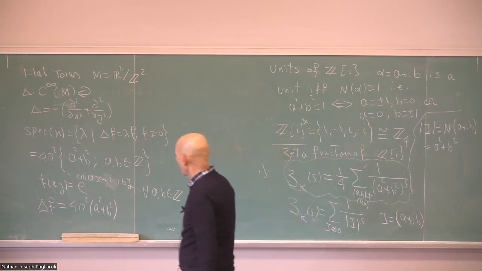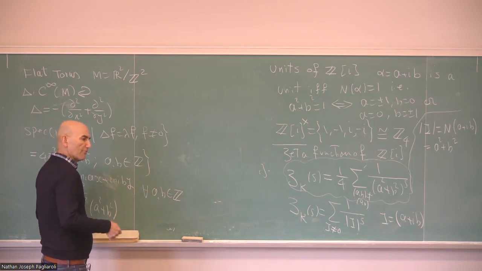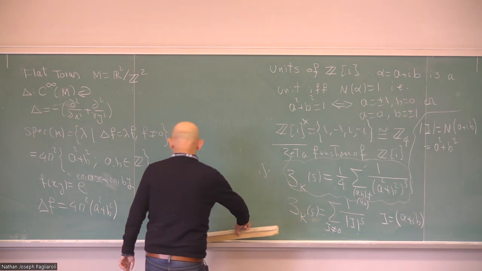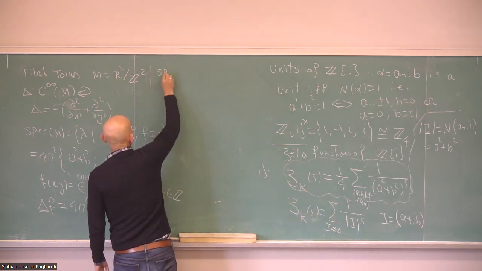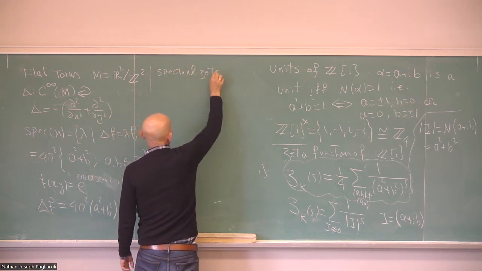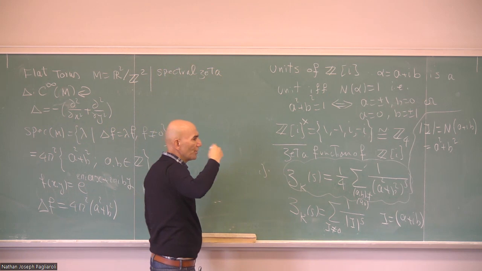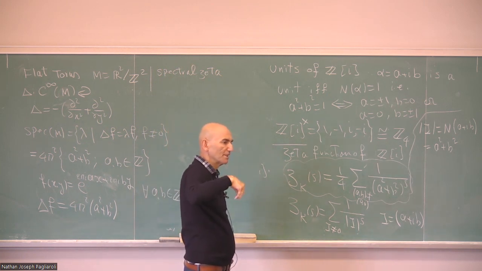All right. Now, in general, for any Riemannian manifold, you have a spectral zeta function. This is yet a third incarnation of zeta functions, after Dedekind and after Riemann.